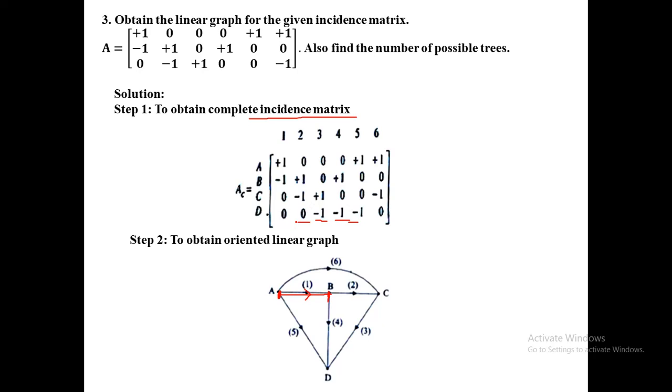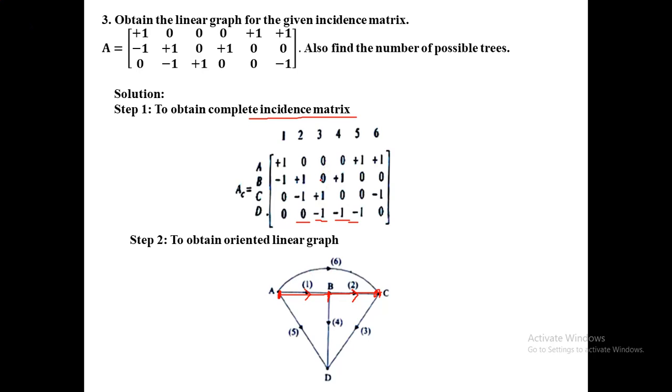Consider the next, second column. Here the second branch values are B is +1, C is -1. We have to draw the line between B and C. Mark this as C and then draw the line between B and C. C is having -1, so the arrow will be this.